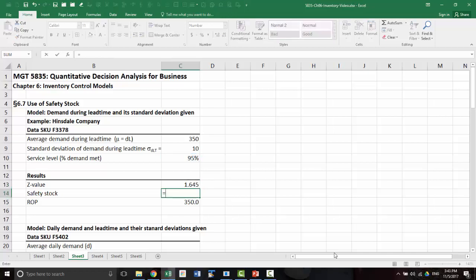Then z times the standard deviation of demand during lead time, that's our safety stock, and then our ROP will be the mean demand during lead time plus safety stock. So that will be our reorder point.